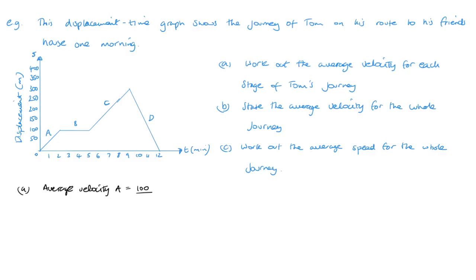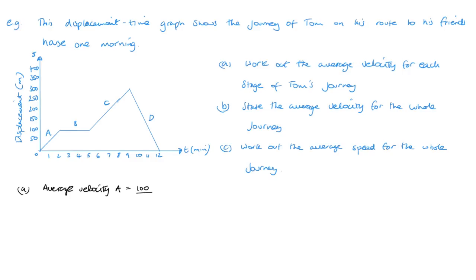Now, meters per minute isn't really a velocity that we use. Meters per second, kilometers per hour, those would be the velocities and in turn speeds that we would use. So I'm going to change the minutes into seconds.